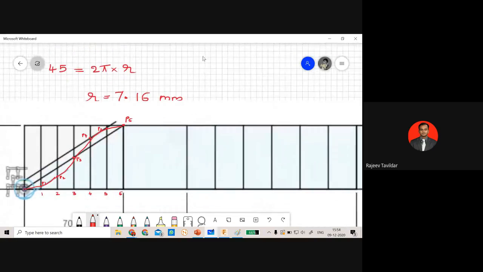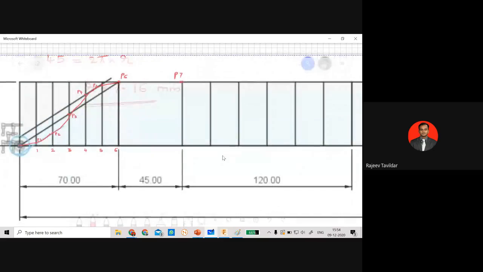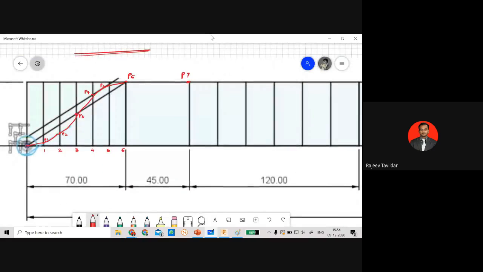Then there is a dwell period, so there won't be any deviation. So after P6, P7 will come. It has to be at the same height. So this happens to be your P7. I'll continue numbering at the base. So this will be P7, 8, 9, 10, 11, 12, and 13.